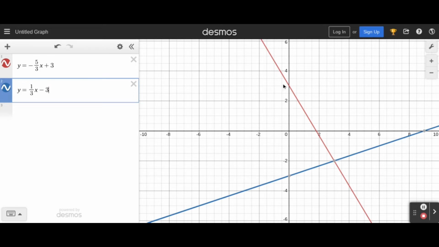Let's see where these two lines intersect. They intersect right there at (3, -2), which is what I said. So I'm not a liar when I tell you that the answer is (3, -2), and this just proves it. And remember, you can use this to solve any system of equations problem, whether it's graphing, substitution, elimination, whatever.